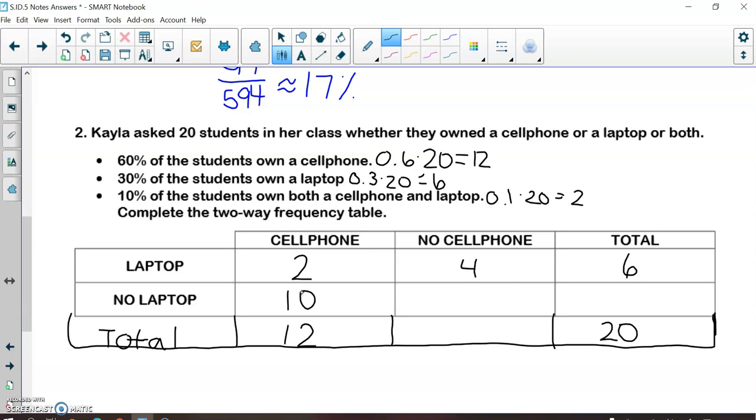So 20 minus 12 gives you 8 students who do not own a cell phone. Well, if 8 students don't own a cell phone, 4 of those students own a laptop. 8 minus 4 gives us that 4 students also do not own a laptop in that category. And then in the no laptop row, 10 plus 4 leaves us with 14 students total in that row. So now I just finished the two-way frequency table. All right, that brings us to the end of the level 4 lesson.